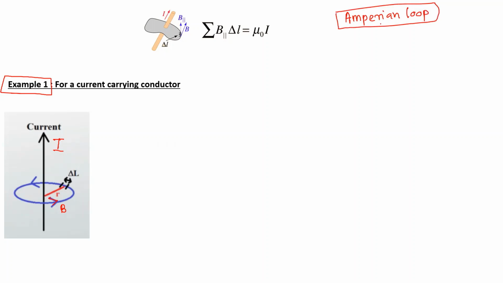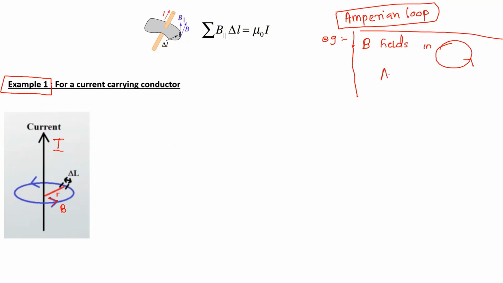So we are going to choose an Amperian loop which is easy to work with. So what is the easiest Amperian loop to work with? This is something that might be useful to you. If you ever see B fields going in circles, for example, this one here, B field is going in circles, right?